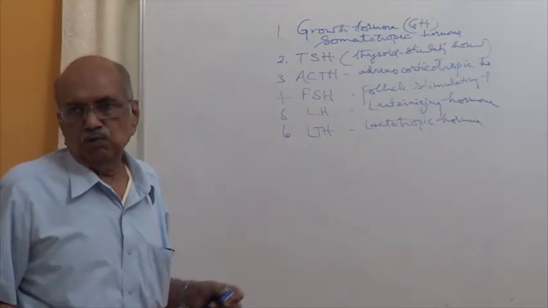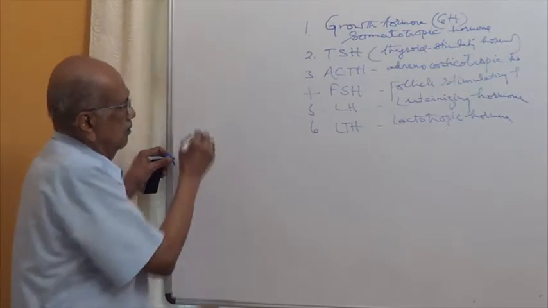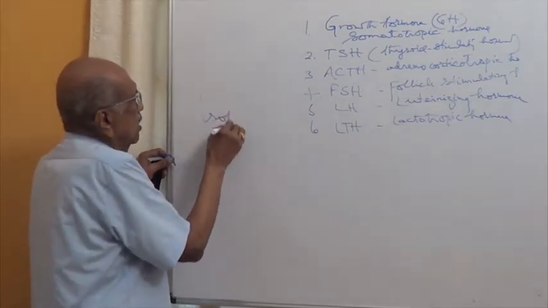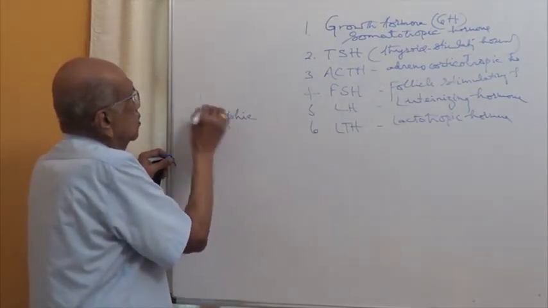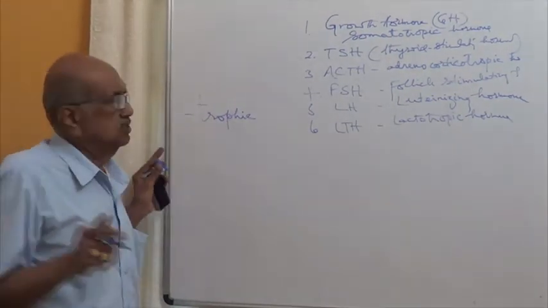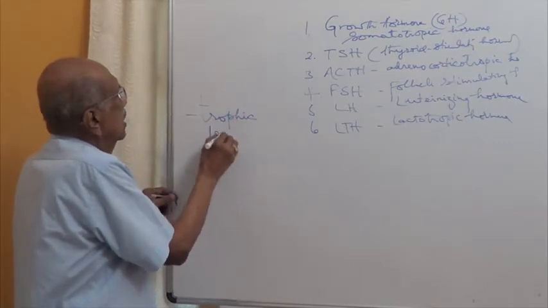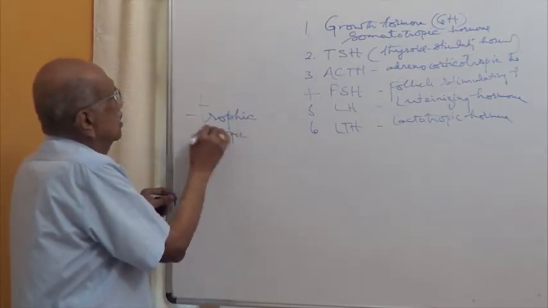Somebody will ask me a question now. If you don't ask, I will ask myself and answer. There are two ways of writing this. Trophic, you can write TROPHIC or TROPIC.